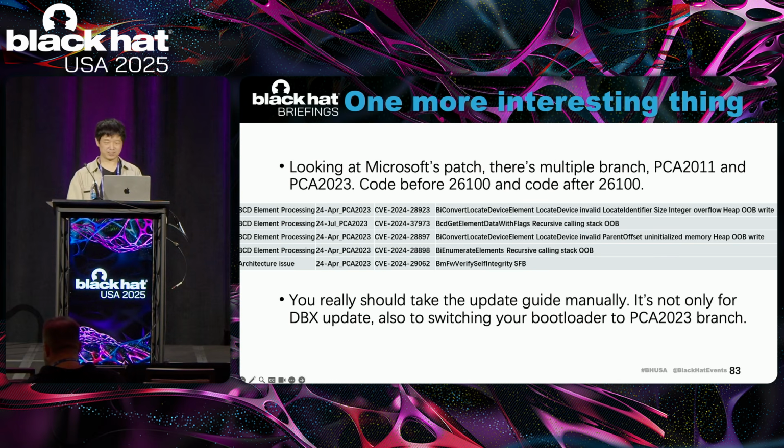This is amazing, so you really should take a look at Microsoft's KB article about these vulnerabilities. If you are running Windows 10 or before, or Windows 11 23H2, and you didn't switch your bootloader to PCA 2023 manually, you are vulnerable to my findings.